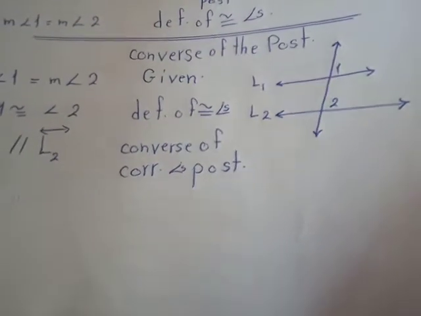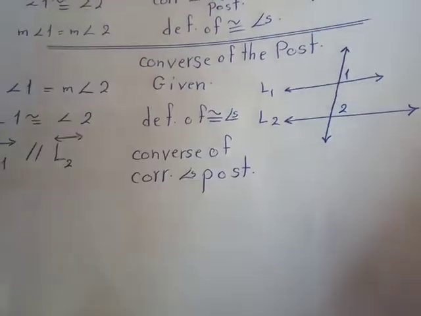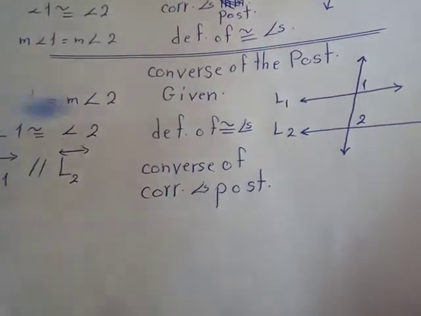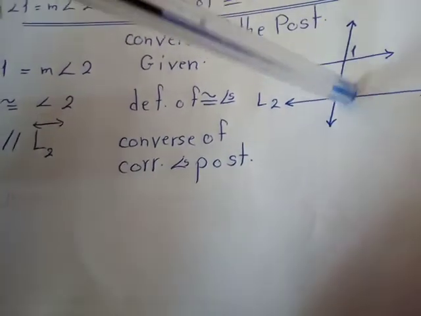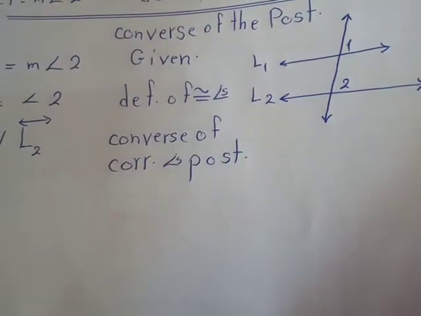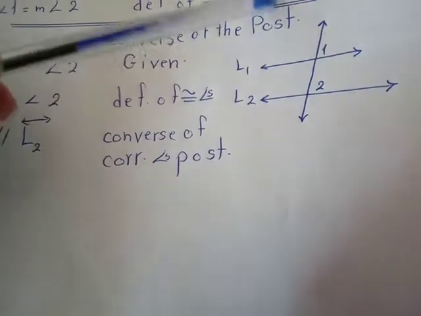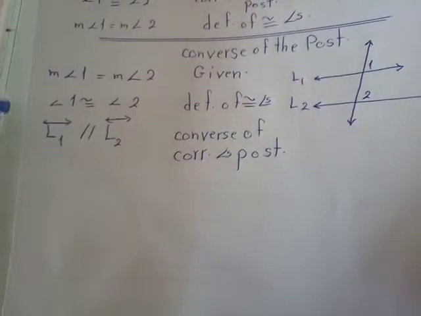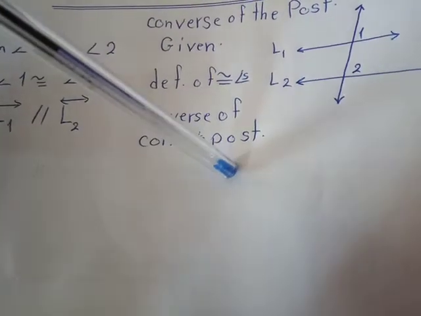And here, what is the information? I gave you measure of angle 1 equal measure of angle 2. So they are corresponding and also congruent, or equal in measurement. So the two lines will be parallel by the converse of the corresponding angles postulate.